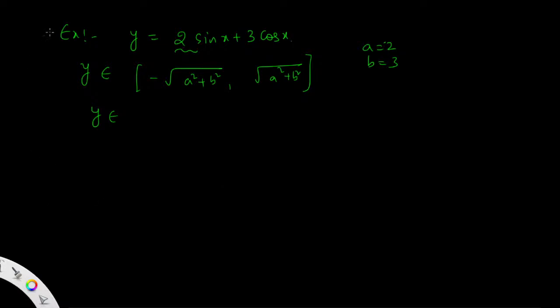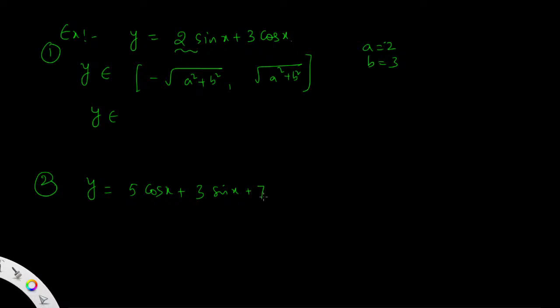And simultaneously this example 1, and the same as example 2, same concept only. y equal to 5 cos x plus 3 sin x plus 7. What are the answers for these questions?